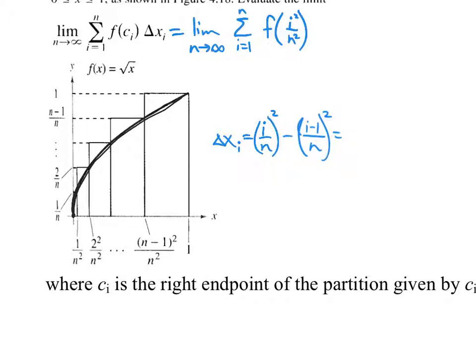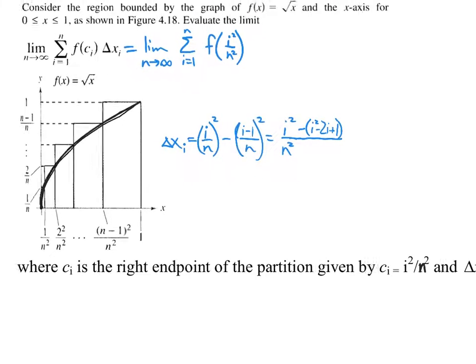If we simplify this, whatever i is, we've got an i squared over n squared, and we subtract i squared minus 2i plus 1.